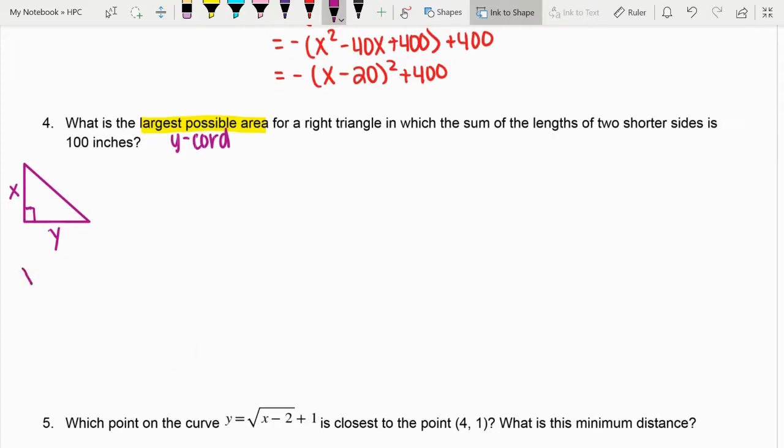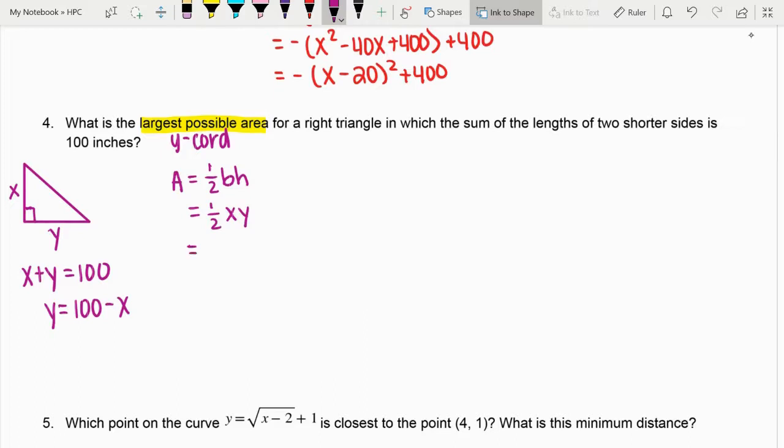So I know that x plus y is going to equal 100. Let's solve for y. So y is just equal to 100 minus x. And we're looking for the largest possible area. The area of a triangle is 1/2 base times height. So in this case, we have 1/2 x times y.